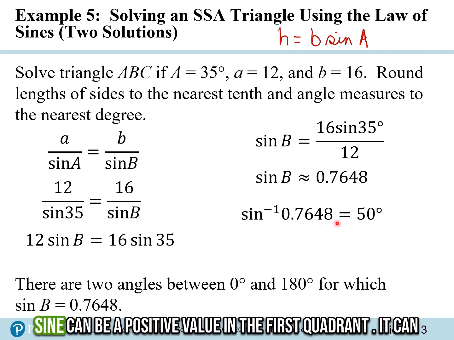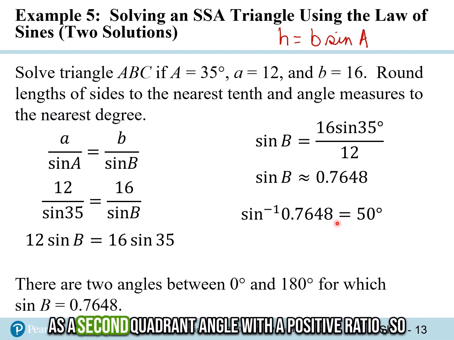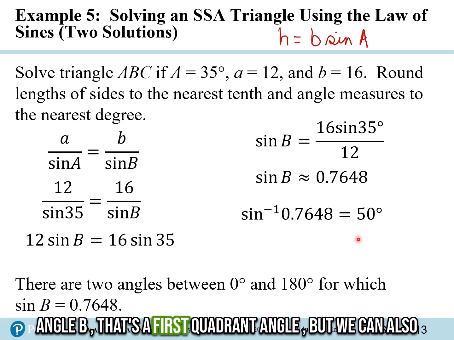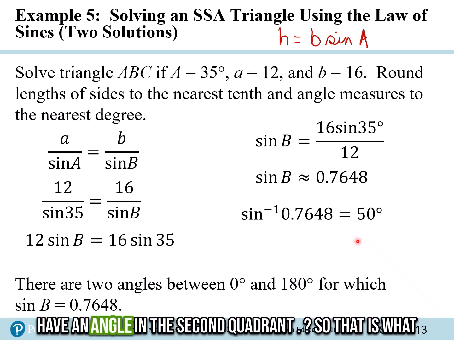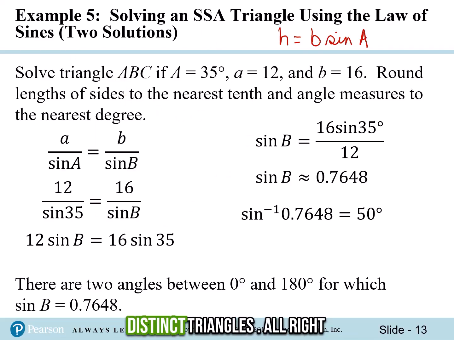Recall that sine can be a positive value in the first quadrant, as well as in the second quadrant. So even though we found 50 degrees for the measure of angle B, that's a first quadrant angle, but we can also have an angle in the second quadrant. So that is what tells us that we will end up with two solutions, two distinct triangles.